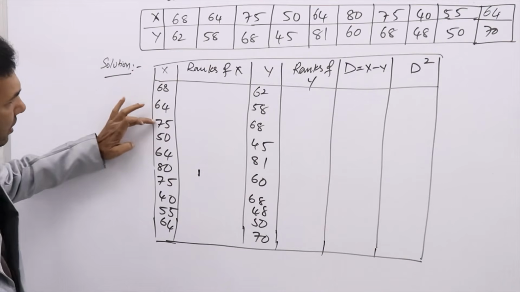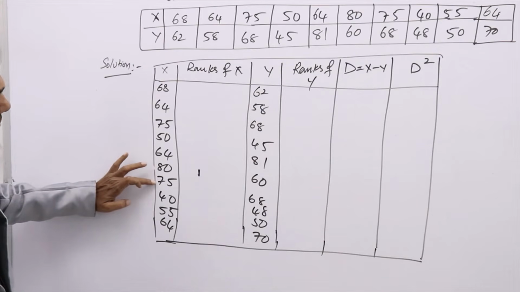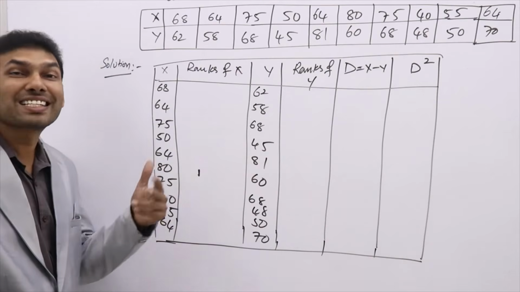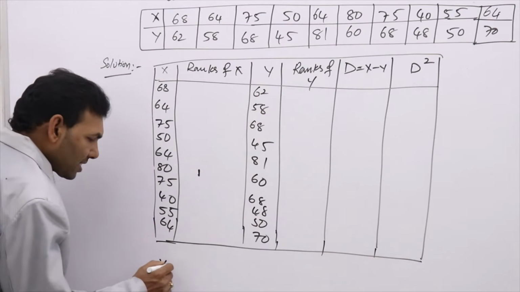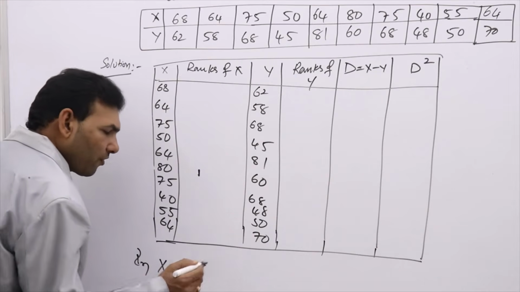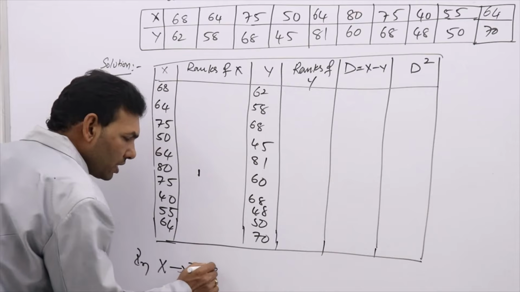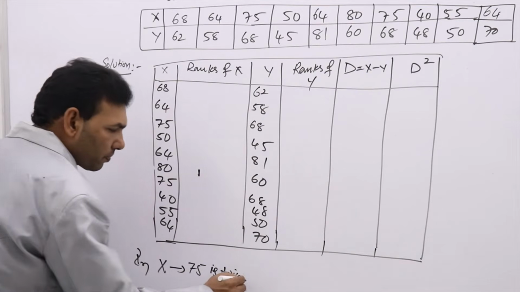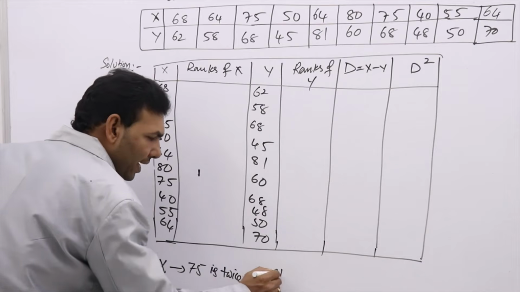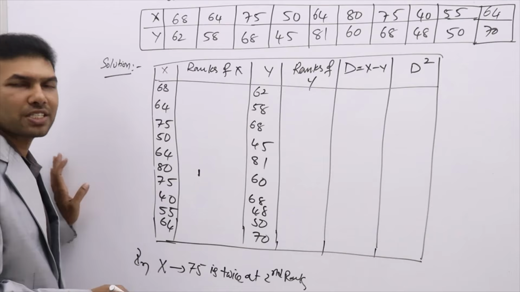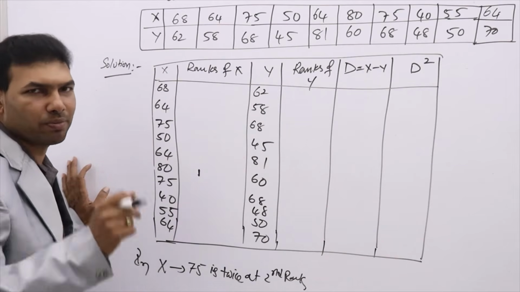Check here: 75, 75. So we have two 75s at second rank in the X series. We have to give second rank for 75, but 75 is 2 times.